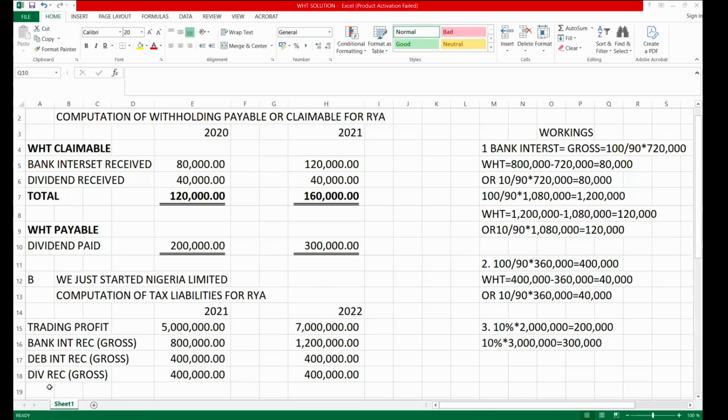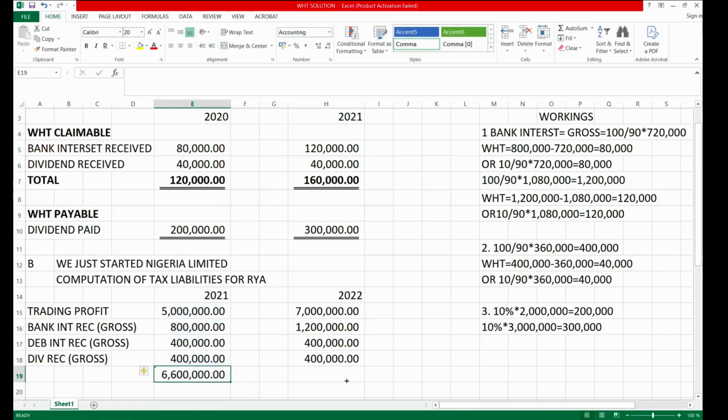So those are the incomes. You add everything together to get your total income.